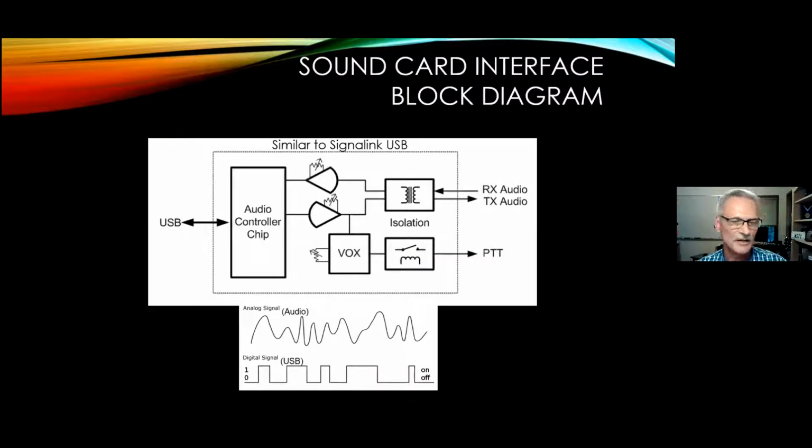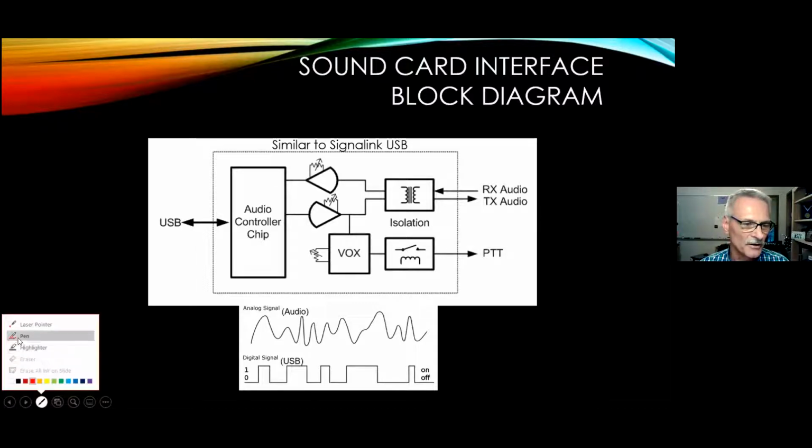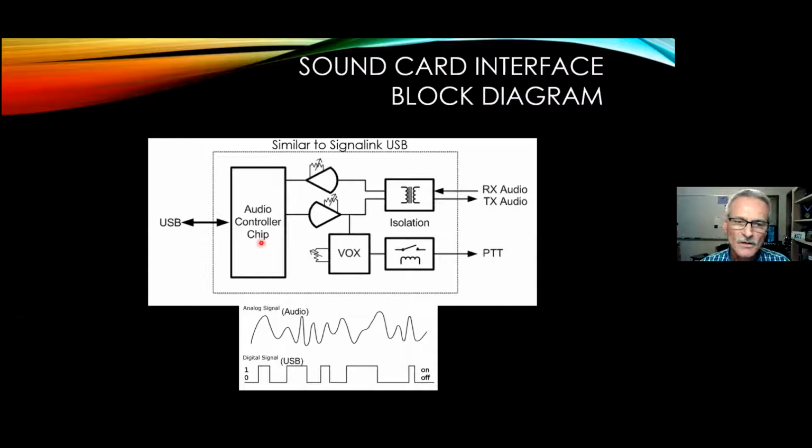Here's kind of a block diagram I drew up of a SIGNALINK USB-like device. And let me turn on my pointer here. So coming in on one end, we have a USB connection here, and that's going to provide power to the circuitry here, but also the digital signal coming into or going out of the device.